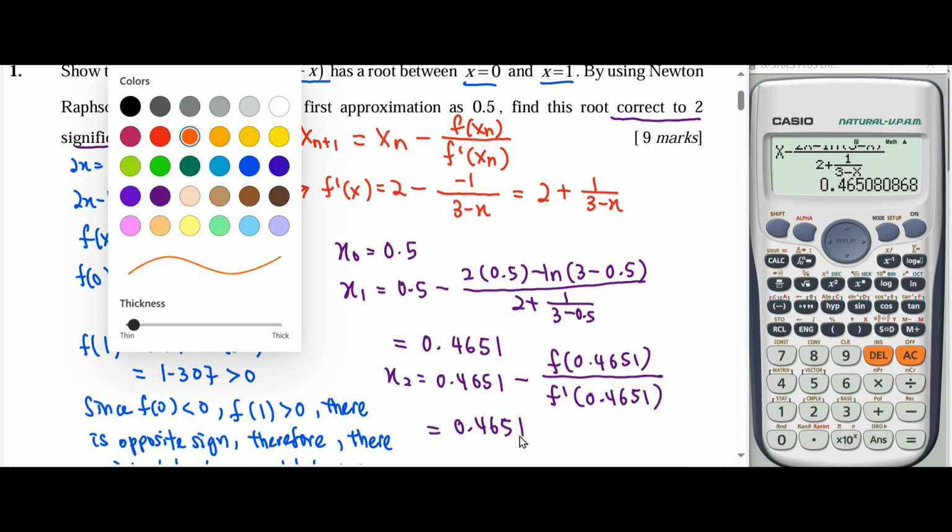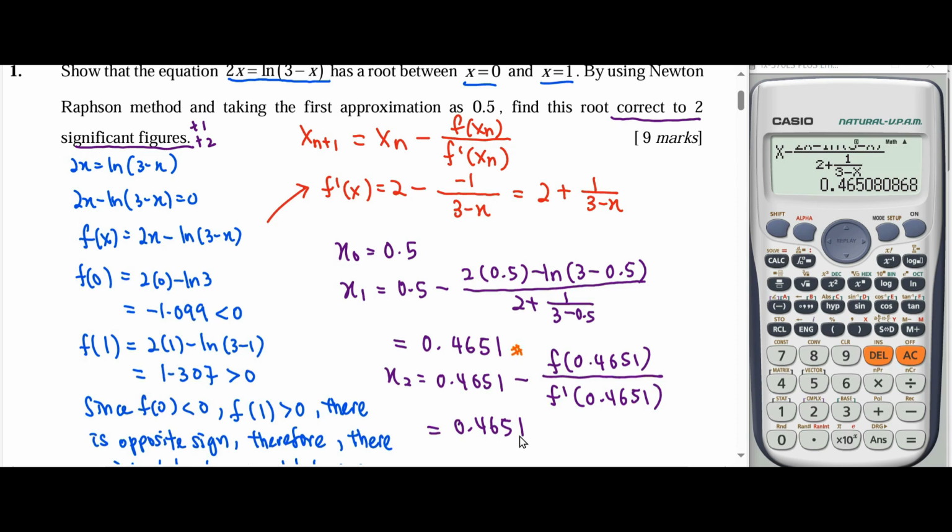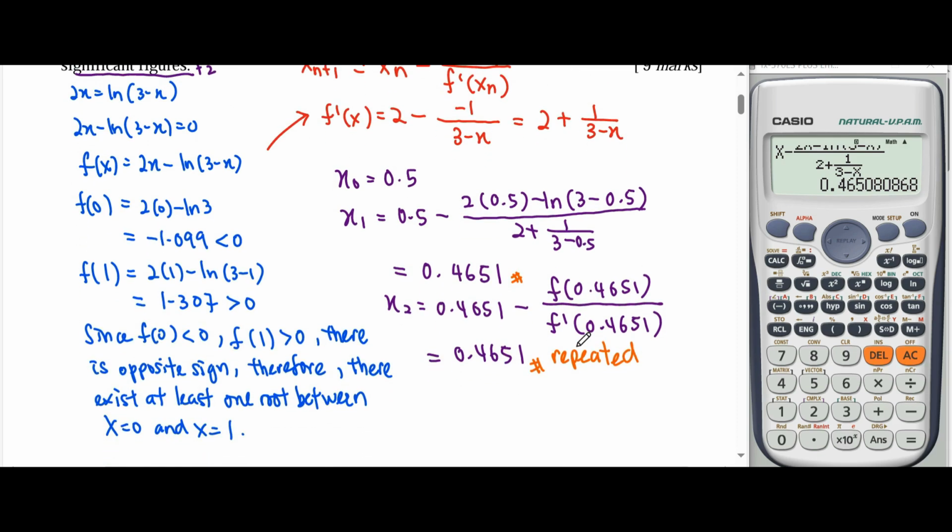So notice here, we have repeated x, which means that our iterations should be stopped after 2 iterations or 3 calculations. If you start with x1, x2, x3, you're supposed to get your answer and you're supposed to stop already.